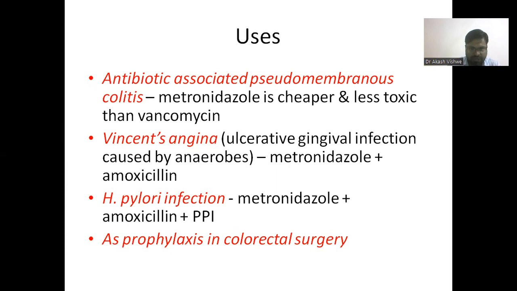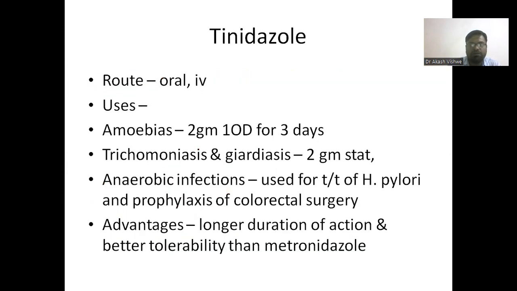In H. pylori infection, metronidazole plus amoxicillin plus a PPI, proton pump inhibitor, is actually used these days. And it is also used as prophylaxis in colorectal surgery.